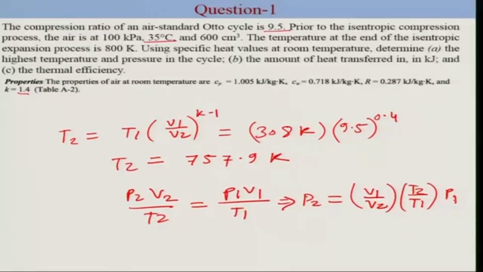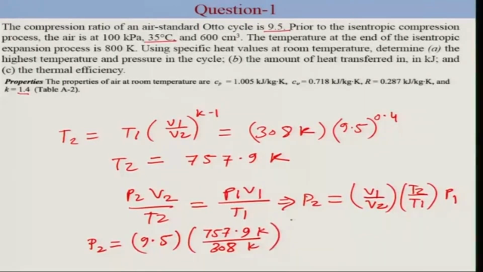After plugging these values, we get P2 equal to 9.5 times 757.9 divided by 308 Kelvin into initial pressure, which is 100 kilopascal. So this gives us the pressure at state 2, which is 2338 kilopascal.